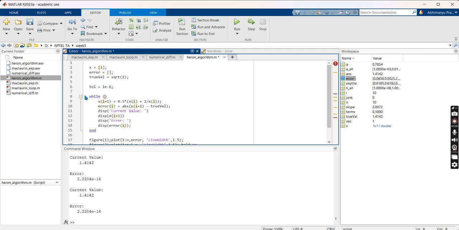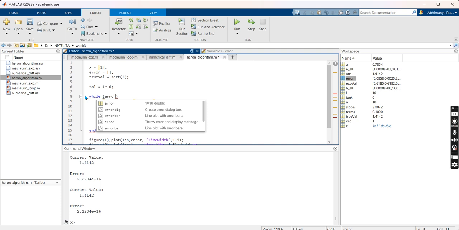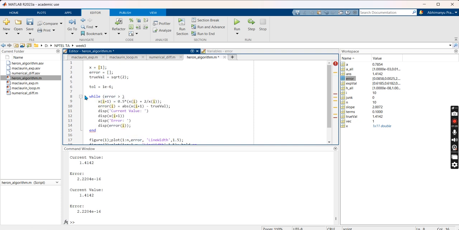I will put the while loop so that as long as my error is greater than my tolerance value, this loop should run. Since I'm storing every value, this should be the latest value. My error is an empty vector, and as the loop runs, each value is entered into the error vector.